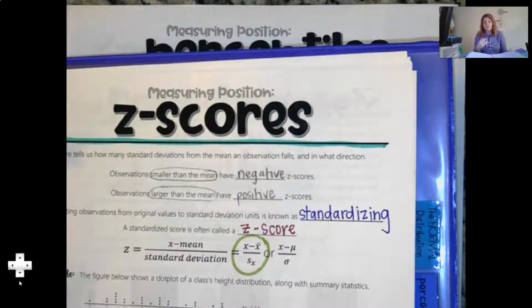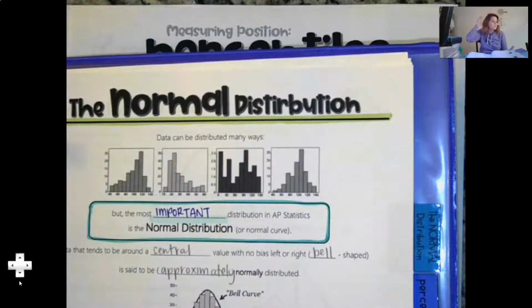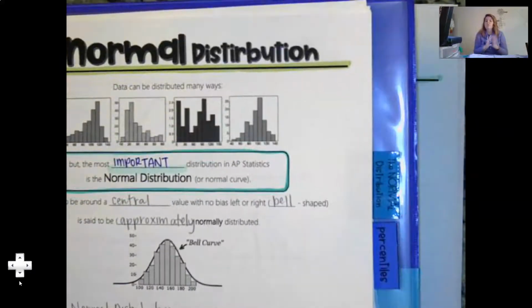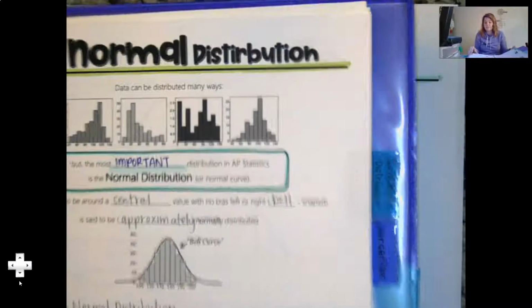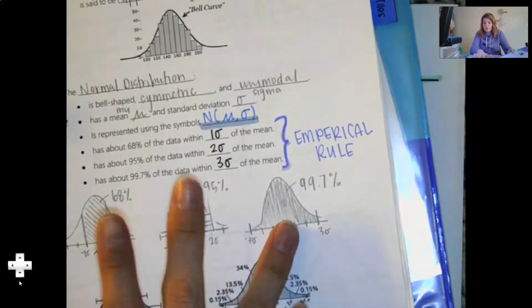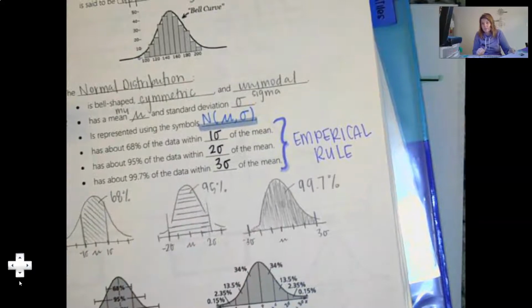So it puts your observations in terms of standard deviations. That led us into the normal curve. And the normal curve is related to standard deviations because it has a very specific amount of data within 1, 2, and 3 standard deviations.